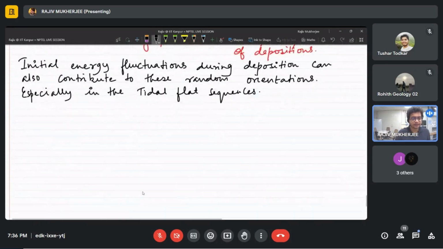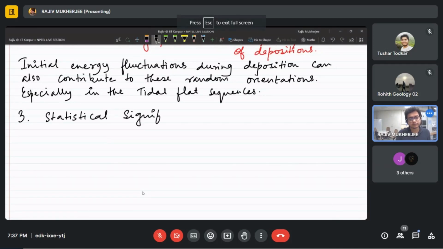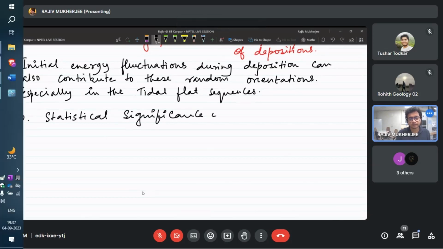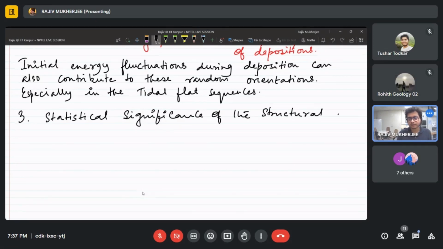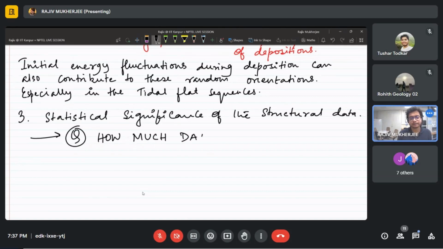So the third point is, and the question is, how much data should be collected?